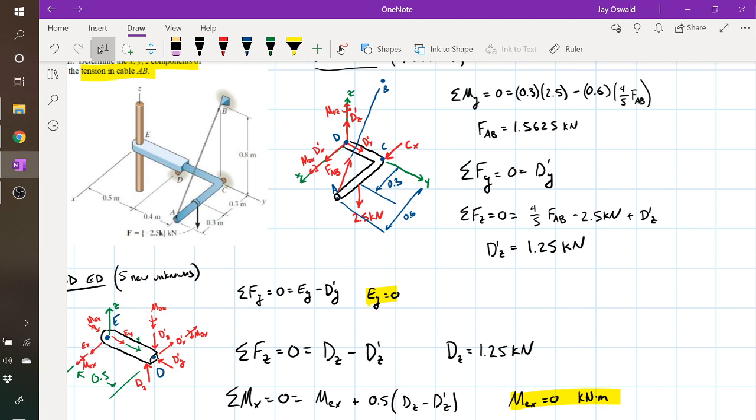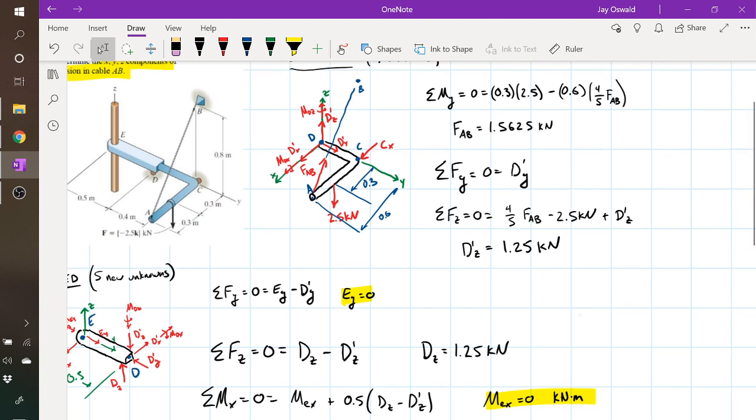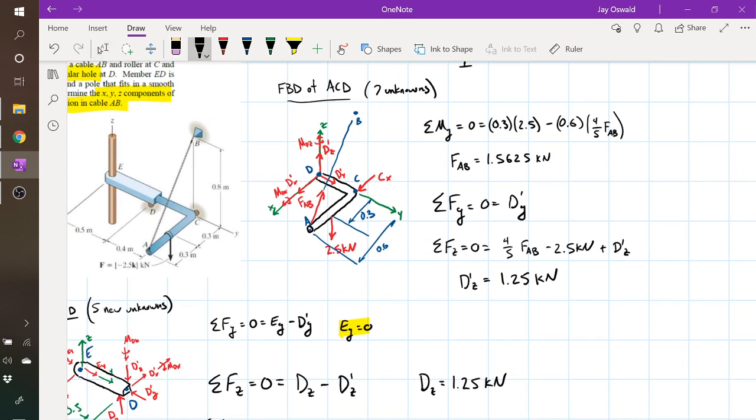At this point, I think you'd have to take the sum of moments because with DX, if you're trying to find it for force, you would need to then solve for CX and D prime X. Yeah, no, there's got to be a, let's see. So we've done sum of forces in y on the first free body diagram. Sum of forces in x, we have two unknowns.